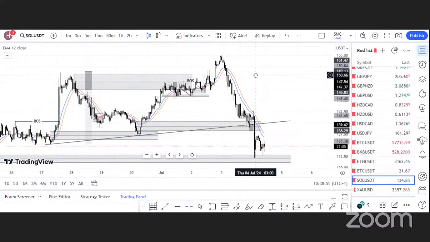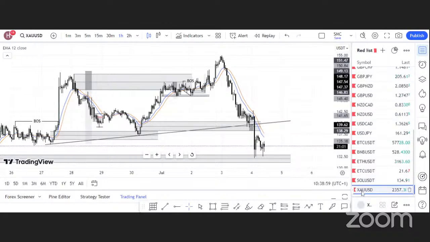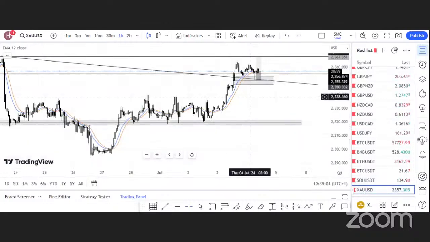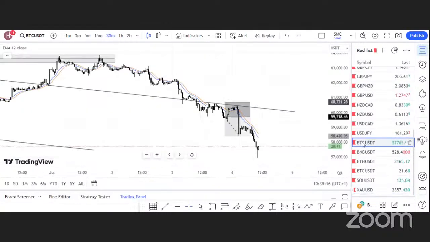So this is the analysis for Solana USDT. Let's go check on our XAU USD analysis, see if there's a progress. All right, so it's still the same, guys. Okay. So let's analyze BTC USDT.